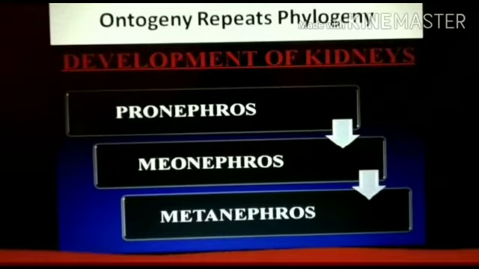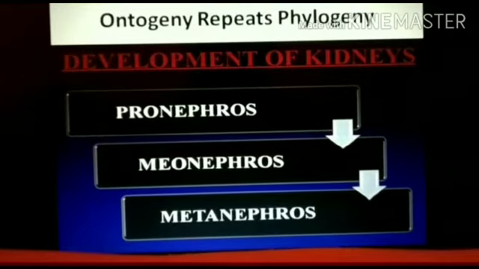Mesonephros or the mesonephric kidney is present in fishes and amphibians, and metanephric kidney is the kidney of human beings. So during development, our kidney passes through these stages of development. First, our kidney will be pronephric, then mesonephric, and permanent kidney will form as a metanephric kidney.